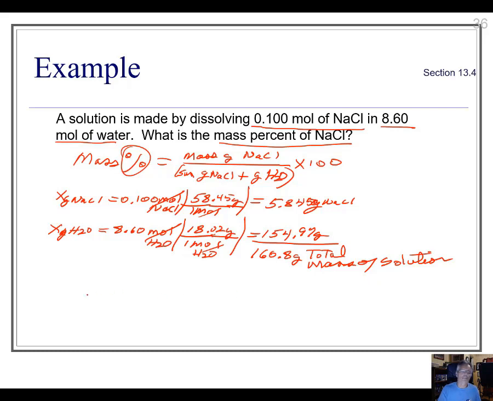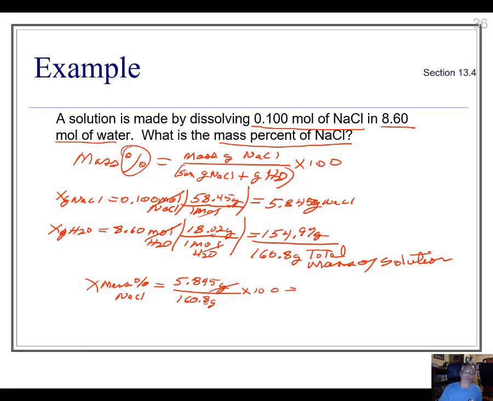Okay, one more step. This is X mass percent sodium chloride, NaCl, and that's just going to be my 5.845 grams of sodium chloride divided by 160.8 grams total mass, and then I multiply times 100.